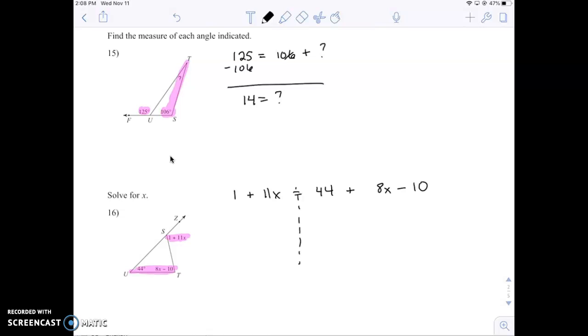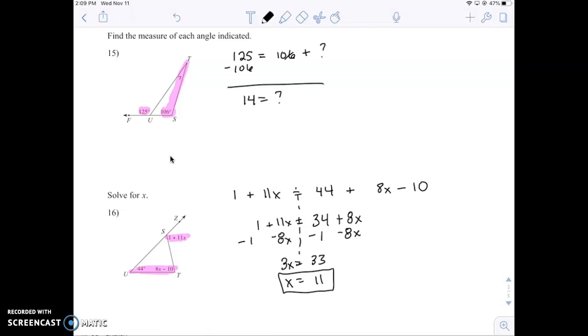We're going to combine like terms. I'm going to subtract the 8x. And I'm going to subtract the 1. So 3x equals 33. X is 11.